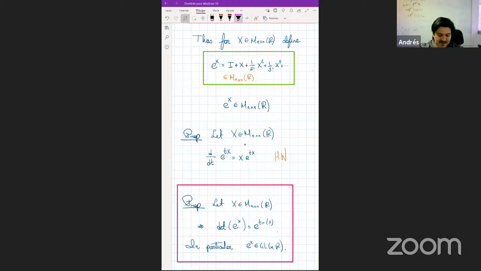So again, I have a matrix X. I define a new matrix, which I call e to the x. And I'm going to compute the determinant of this square matrix. The formula is that this is e to the trace of x.